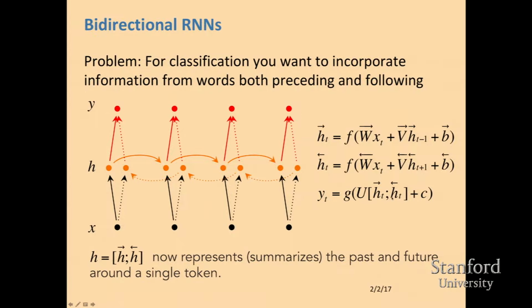Ht from the right has all the context from the words on the right. And that is now your feature vector to make an accurate prediction at a certain time step. Any questions around bidirectional recurrent neural networks? You'll see these a lot in all the recent papers in deep learning in various modifications.